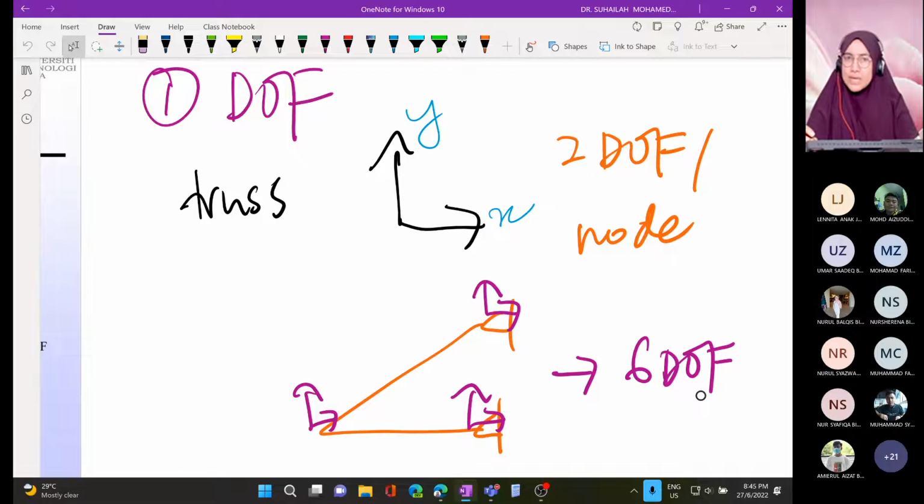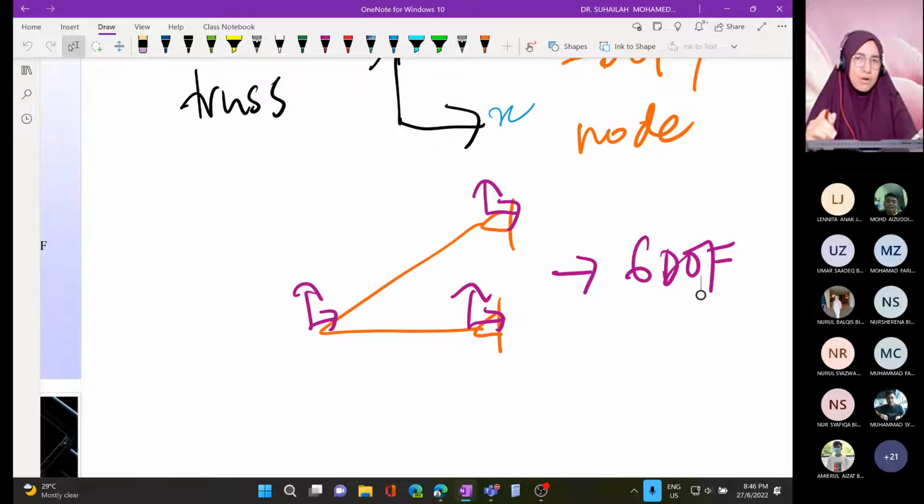That is why in truss we know that there is no moment and no rotation, so we count only 2 degrees of freedom. Okay, that is for truss. And of course we have to label the 6 degrees of freedom, starting from unconstrained.